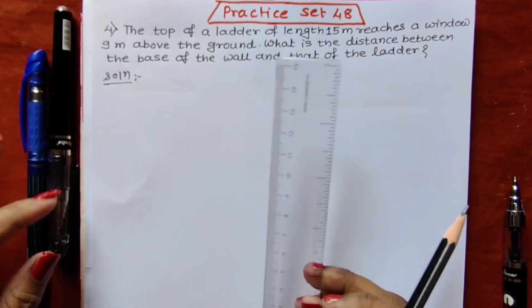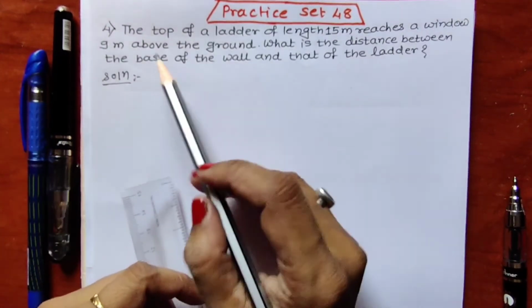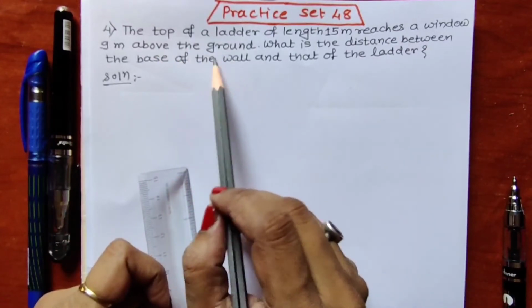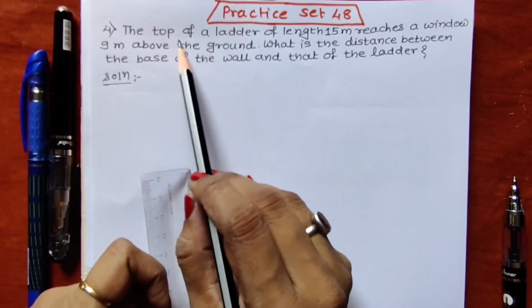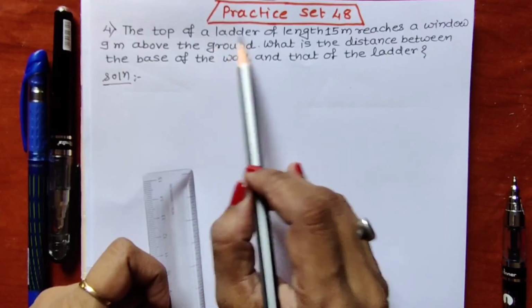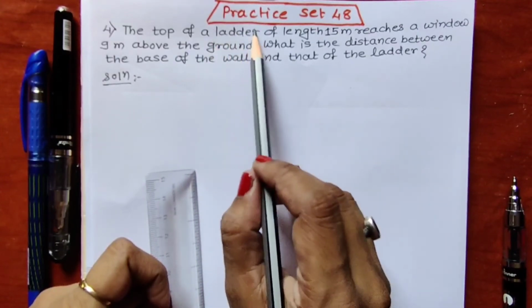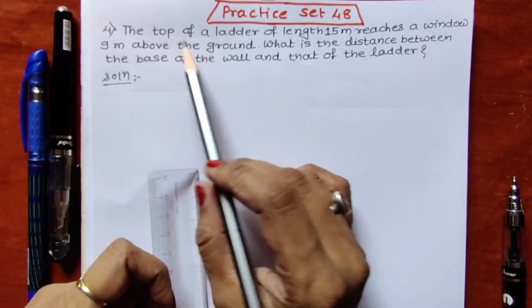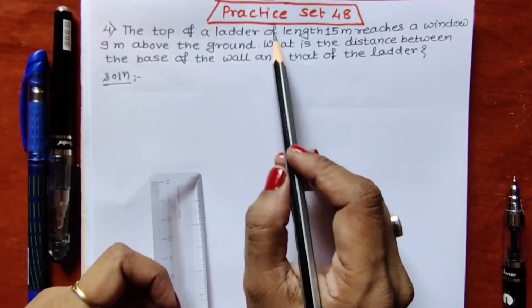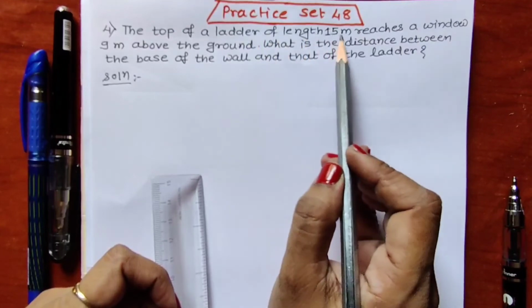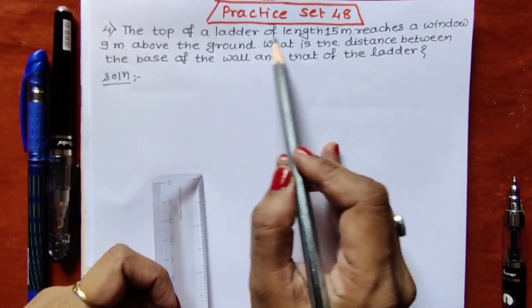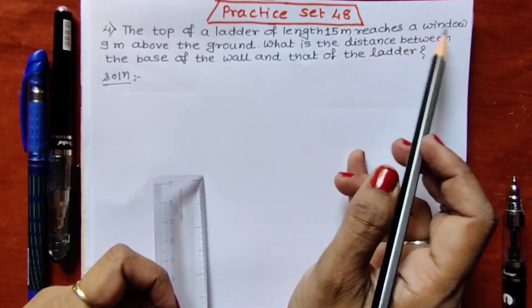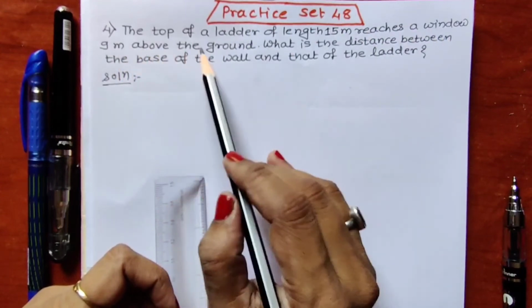Okay, so now I have taken my ruler here. Read the question and according to given data in the question, we will draw the diagram. The top of a ladder means we call it shidi in Hindi. So that ladder reaches, which is having the length 15 meter. That ladder's length is 15 meter. It reaches the window 9 meter above the ground.